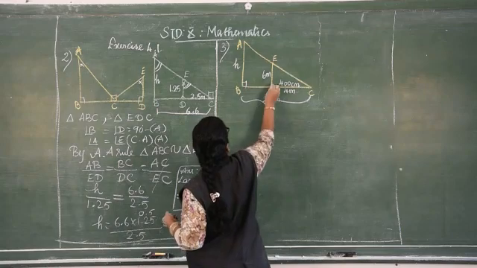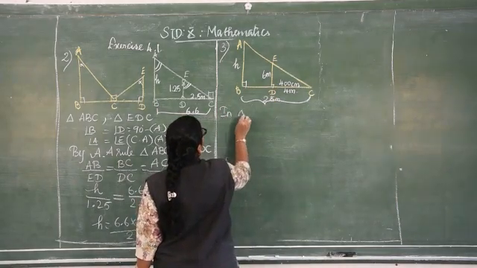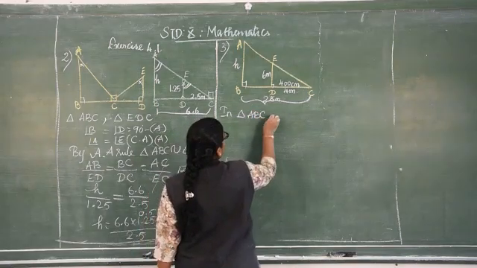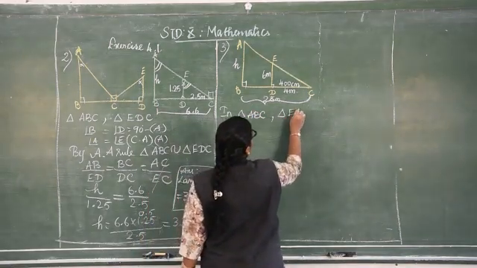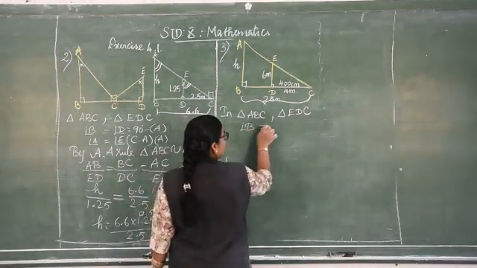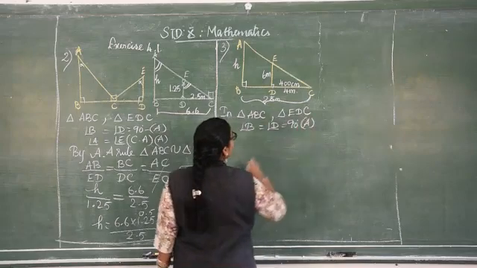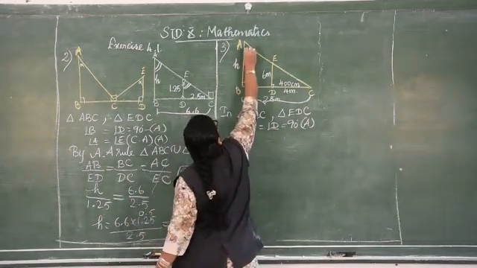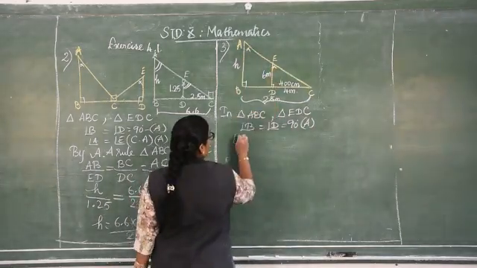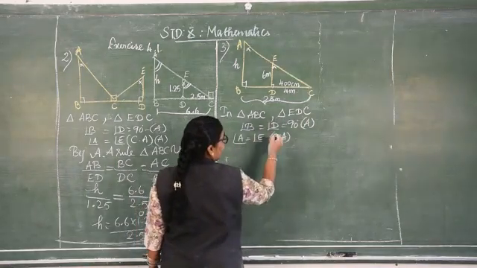Fine, this is 90 degree, this is 90 degree. So in triangle ABC and triangle EDC, the same pattern, measure of angle B is equal to measure of angle D is equal to 90 degrees. And I can say A and E. Measure of angle A is equal to measure of angle E, corresponding angles are equal.